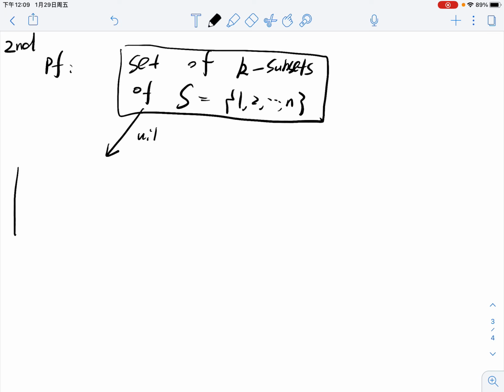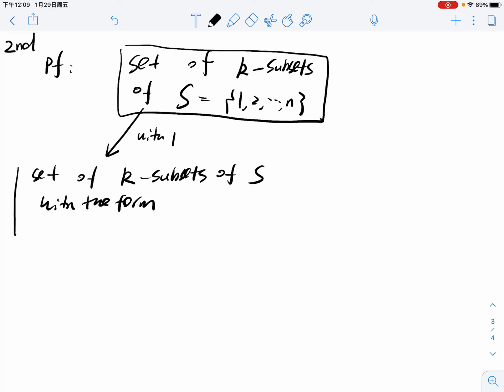So one is with 1. So we have the set of all k subsets of S with the form 1, A1, ..., A(k minus 1).